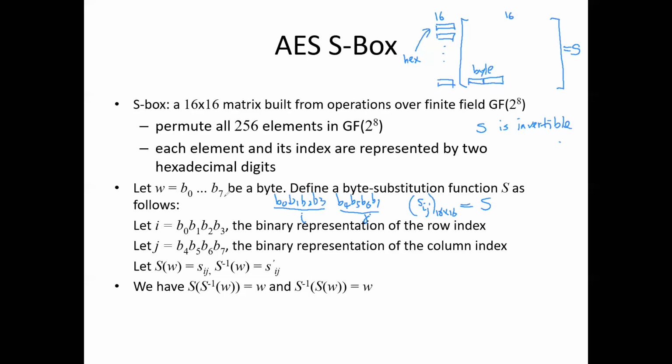So this is the input, and the output is Sij, the element at the ith row and the jth column. If we call this input W, then that's what this means.